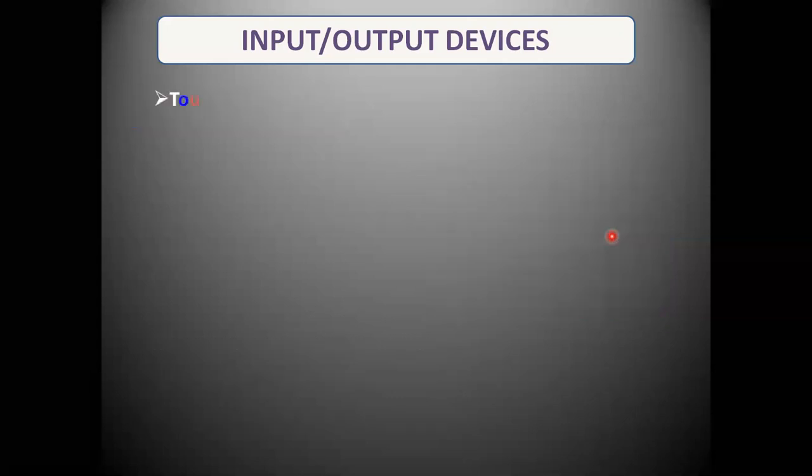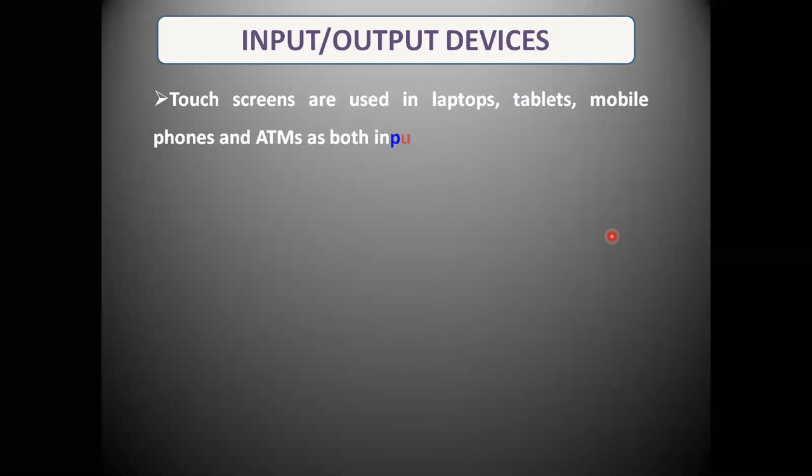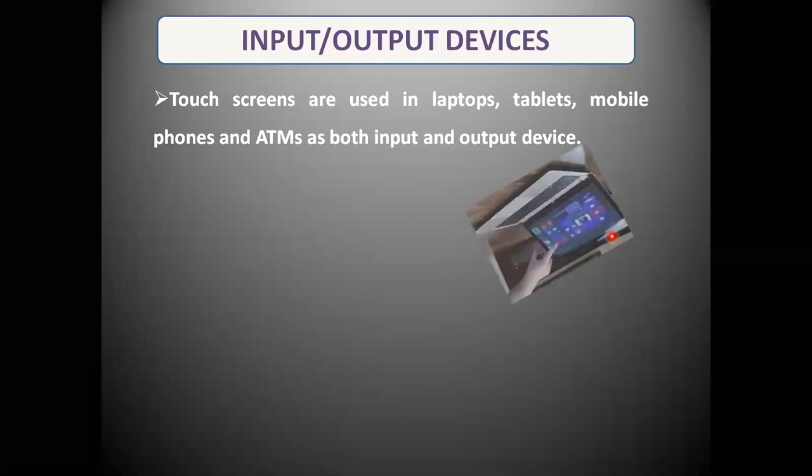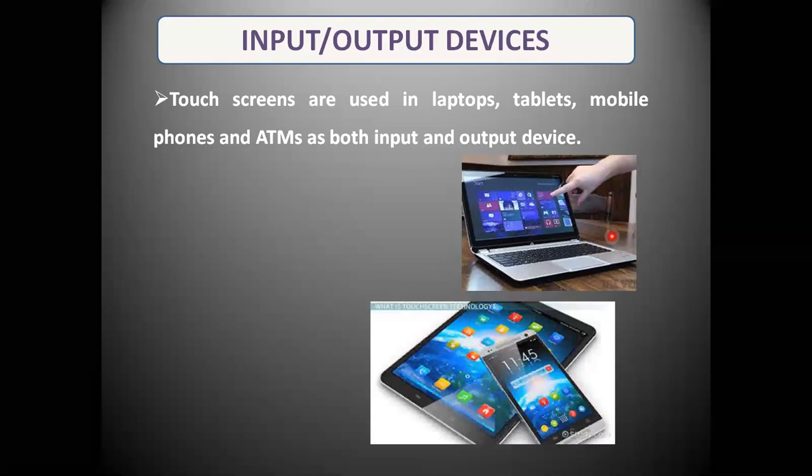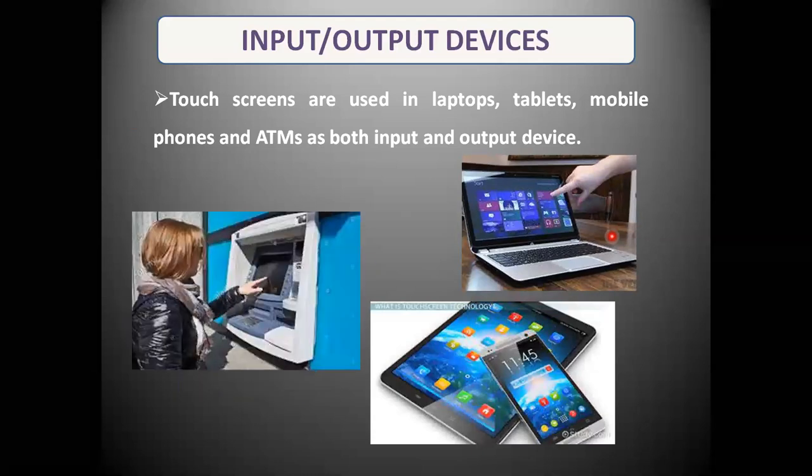So we say that the touch screens that are commonly used in laptops, tablets, mobile phones, and ATMs work as both input and output devices. We have touchscreen laptops, we have tablets and mobiles, we have ATM machines. They act both as input and output devices because we give input by clicking, by touching on different icons and objects or words, and the output is also shown to us on the same screen.